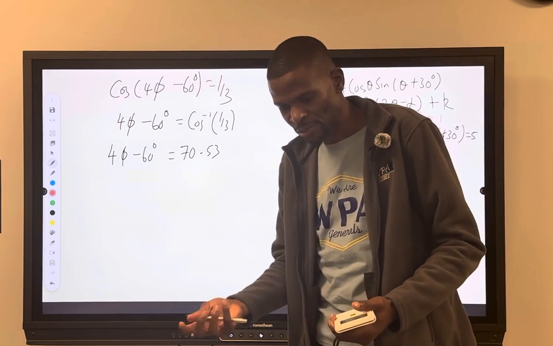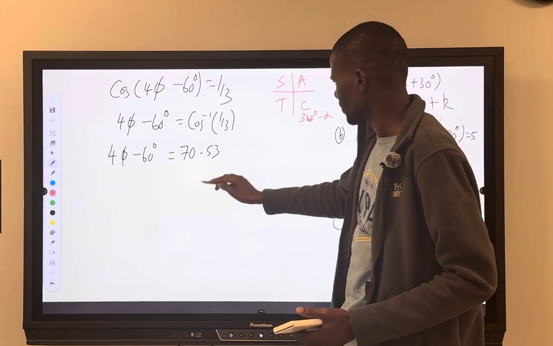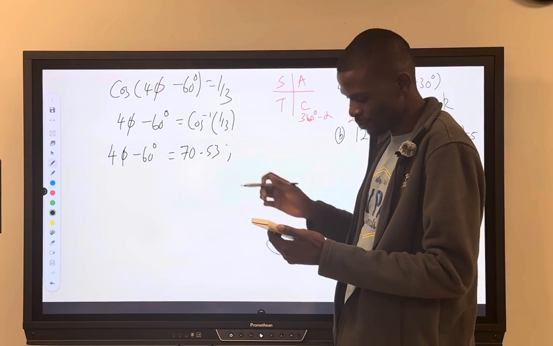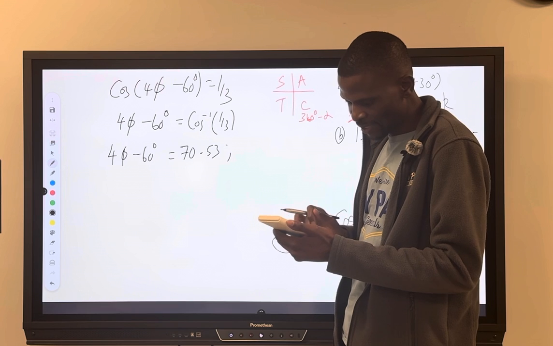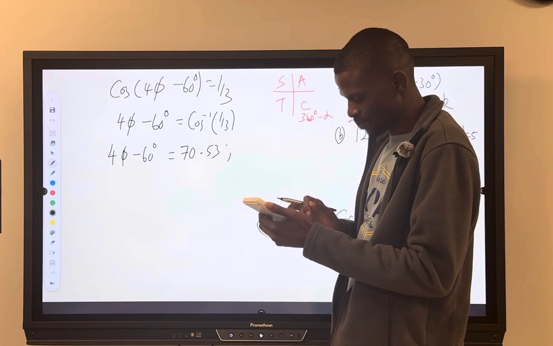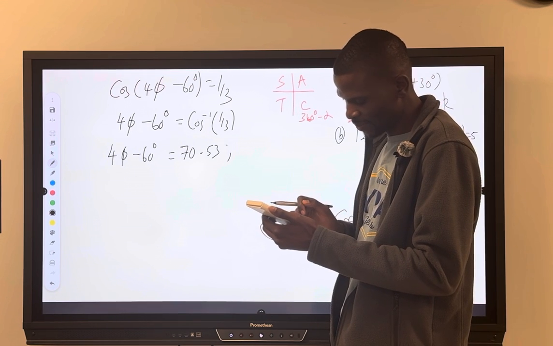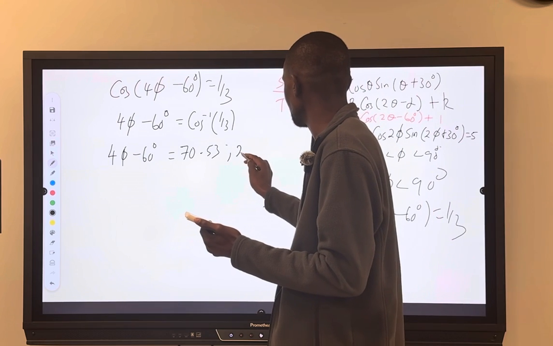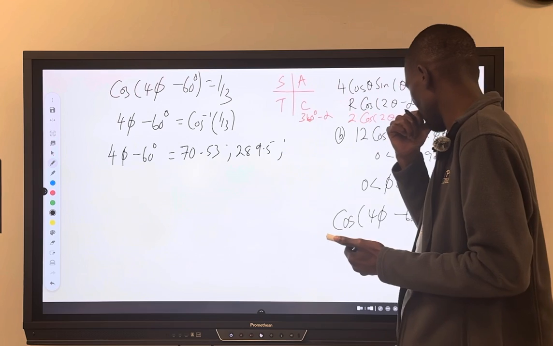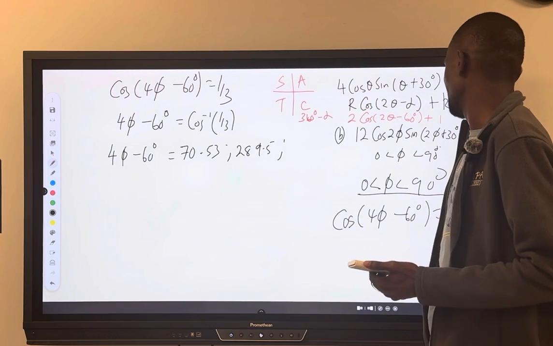So we subtract 70.53 from 360, and I'm getting 289.5.